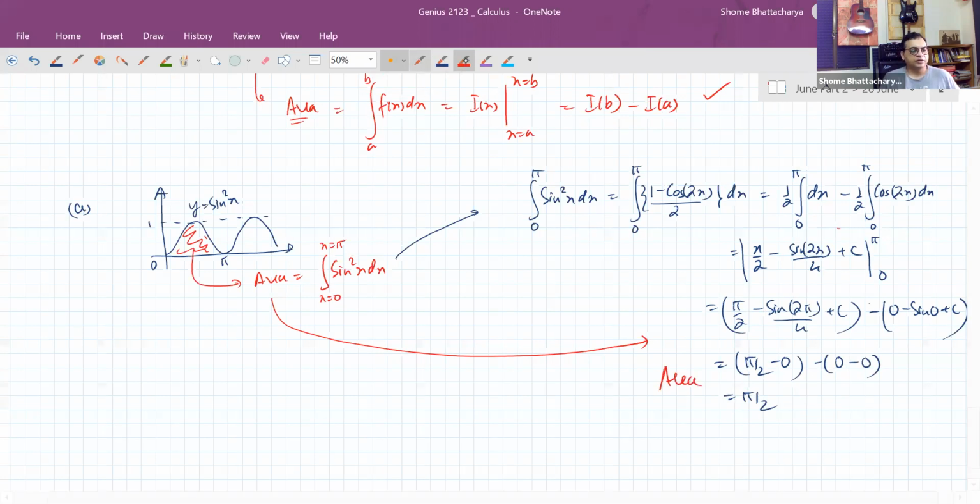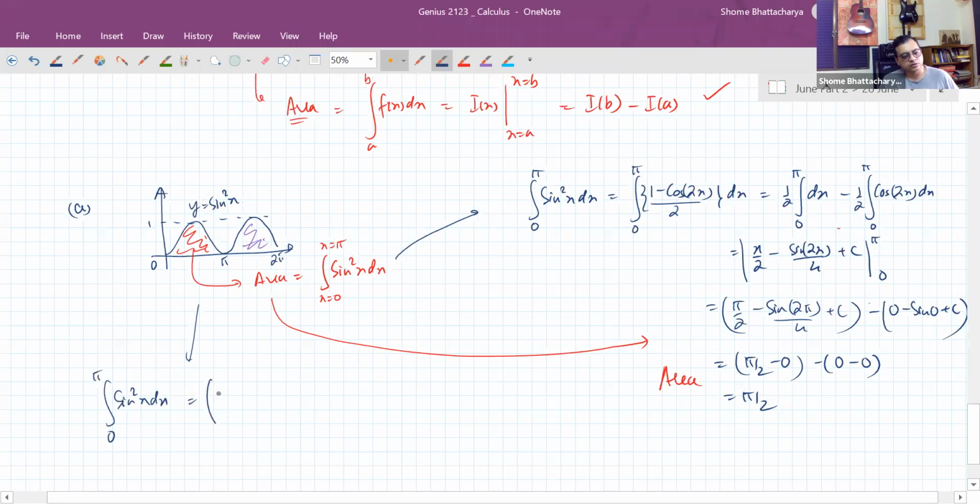Now likewise, what we expect from the graph and the symmetry is that this area between pi and 2 pi should also be the same. So what we expect is that it should be equal to this from pi to 2 pi, which is pi by 2.